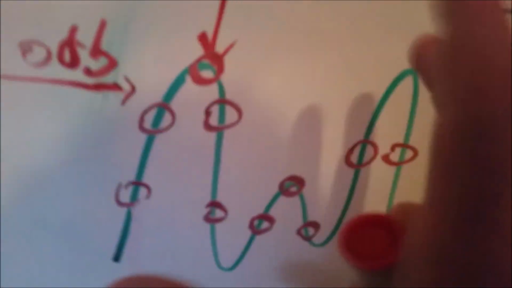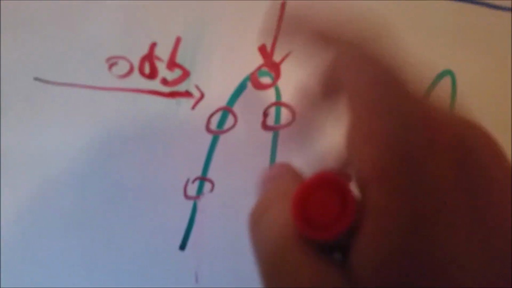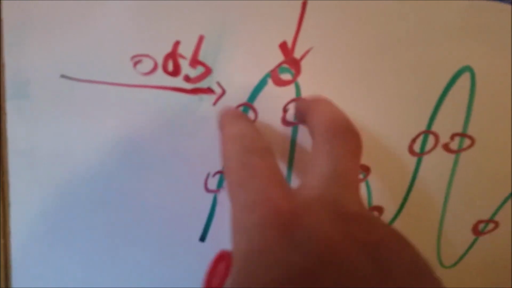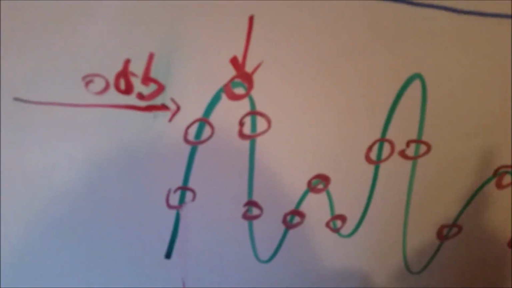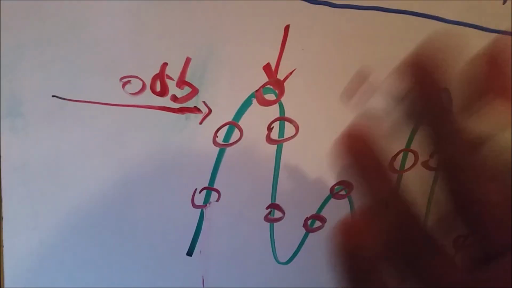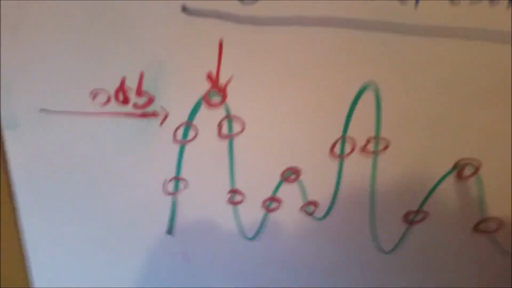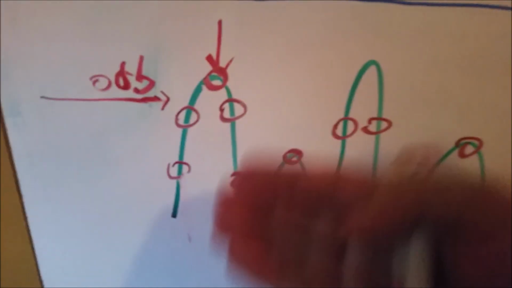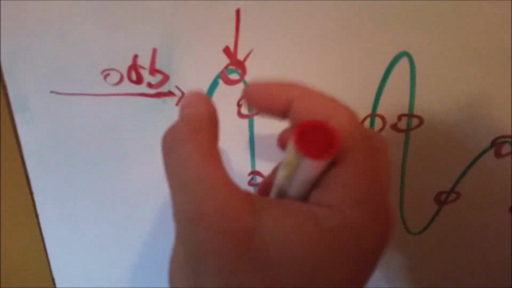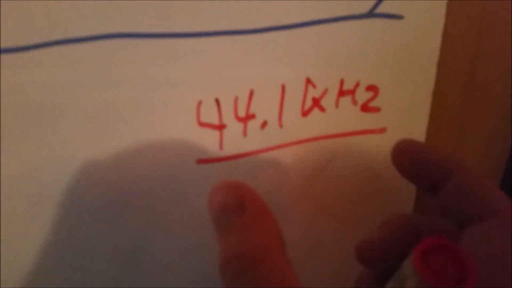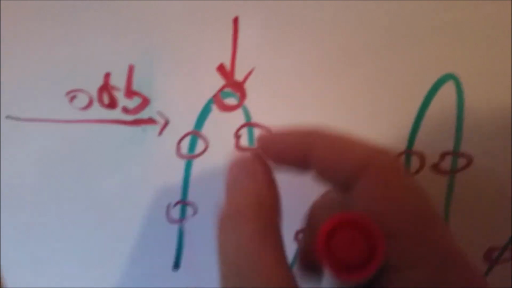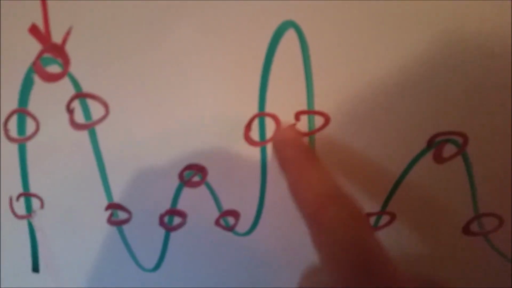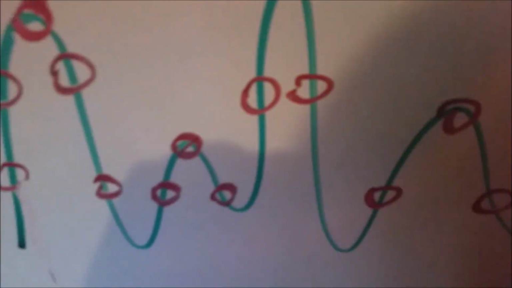It's outside of that sample rate. This peak is occurring in between these two samples. So that is what an intersample peak is.